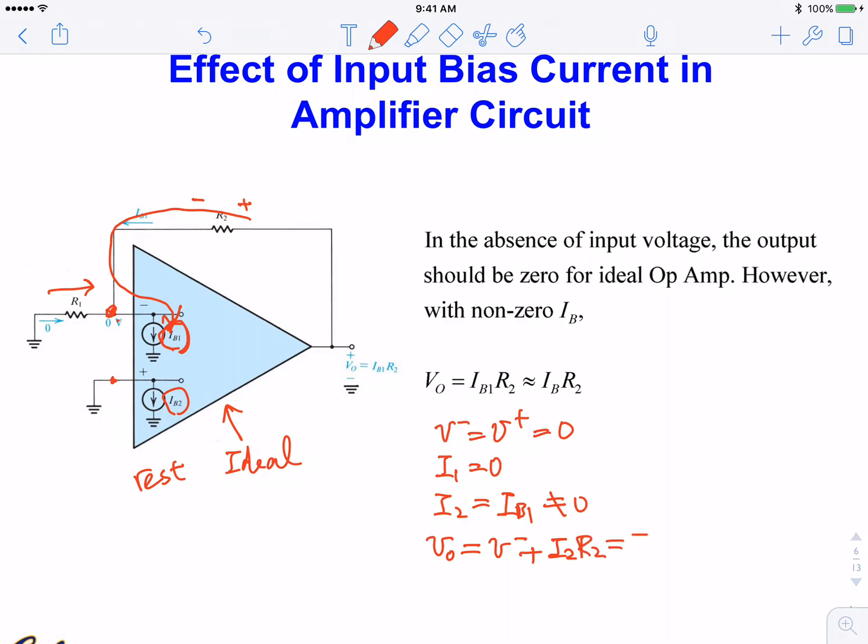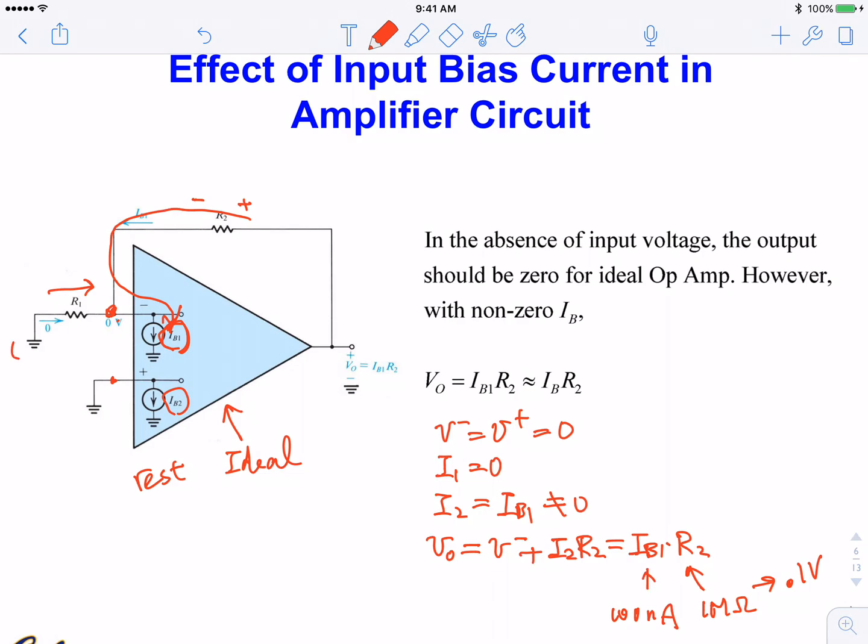Now this becomes IB1 times R2. We say this is roughly 100 nanoamp. Well, it depends how big R2 is. If you have a megaohm, for example, then this product gives you roughly 0.1 volt, 100 millivolt. 0.1 volt is not insignificant.